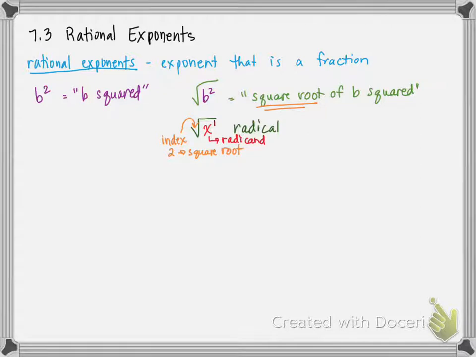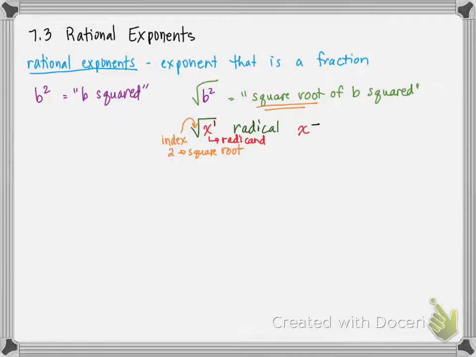So, what I can do is I can take that radical, I can take the square root of x, and I can get this. So, I'm going to get x, and now I'm going to write the radical as an exponent that's a fraction.